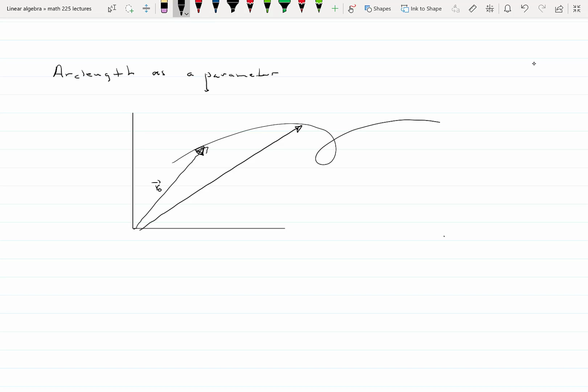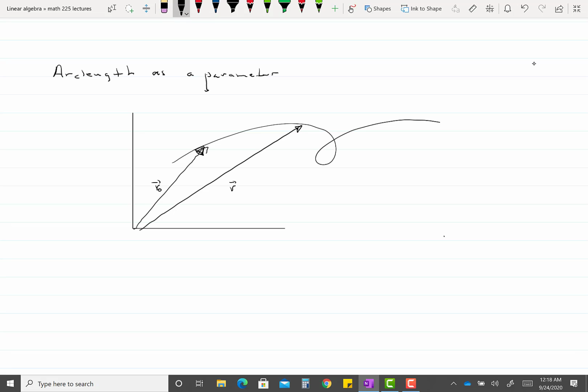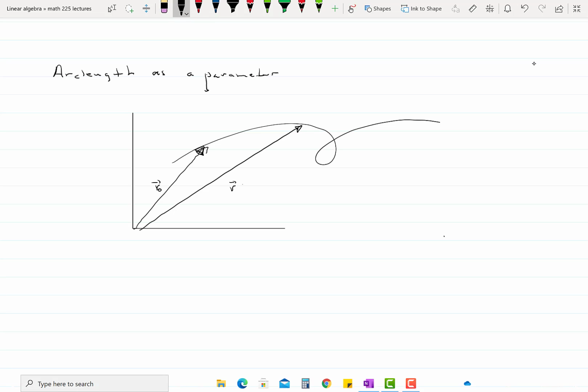I'd like to find r as a function of how far I've traveled along the curve. If that still sounds funny, I don't blame you. I would like to write r as a function of arc length.